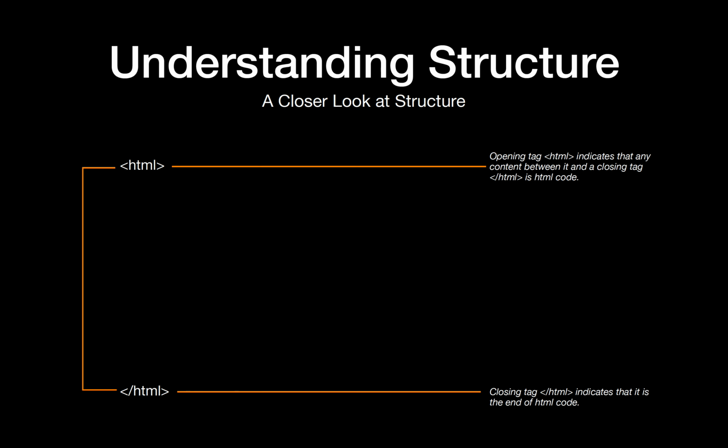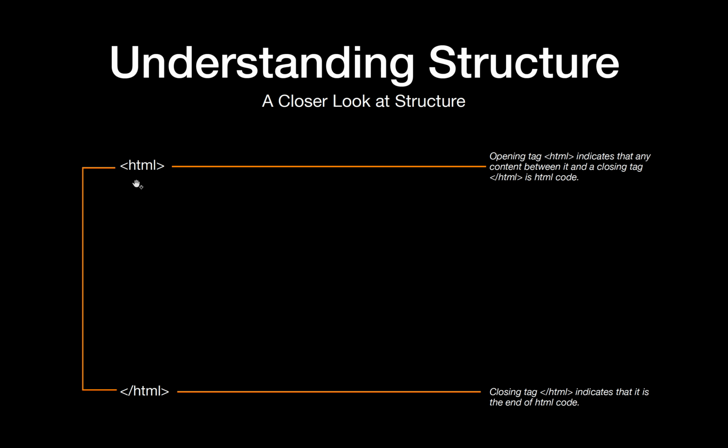So again, understanding structure when you are writing a web page, and depending on what you're writing in, some of this default might be there for you. A lot of folks don't really use Dreamweaver anymore, but if you're using Dreamweaver and you open an HTML document, it will automatically start with the opening and closing tag. So if you're writing a basic web page in HTML, you will have the opening HTML tag, and that indicates that any content between here is going to be visual.